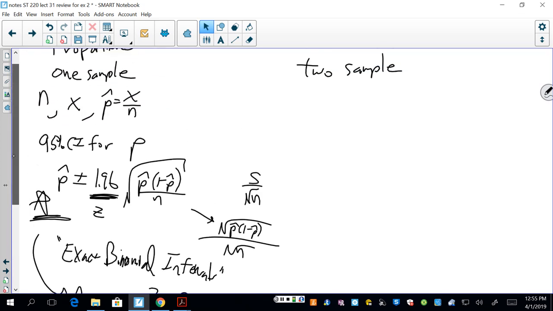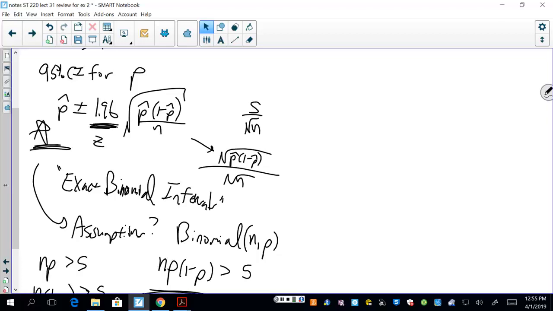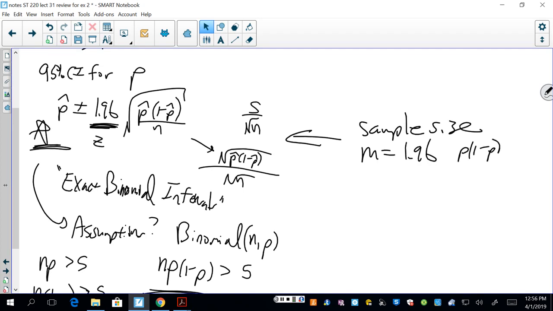Related to that, this one's amenable as well to a sample size formula. If the margin is 1.96 times the square root of p(1 minus p) over n, you square both sides: m squared equals 1.96 squared times p(1 minus p) over n.